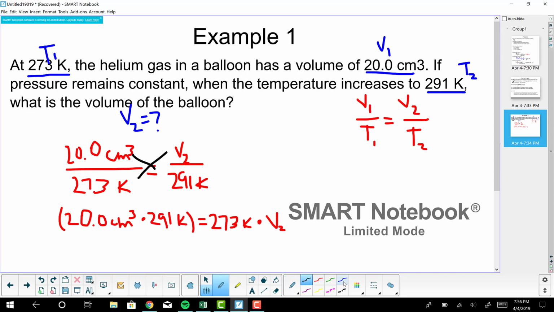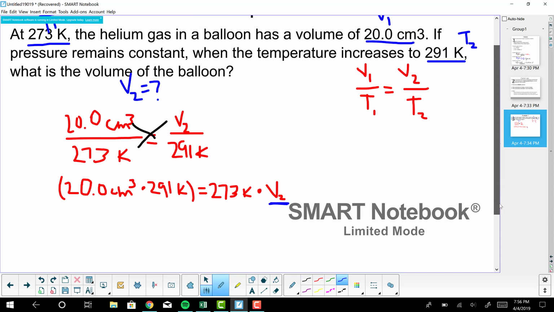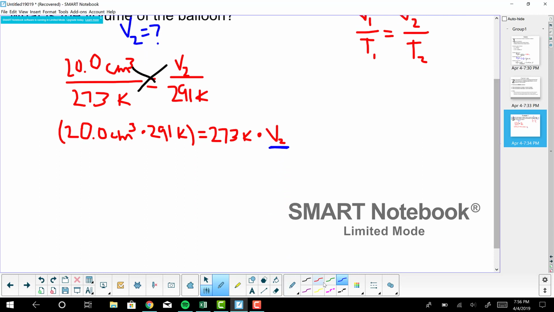Remember, we are trying to solve for V2, so how can we get V2 by itself? Well, we are going to have to divide both sides of the equation by 273. So divide both sides by 273 Kelvin.